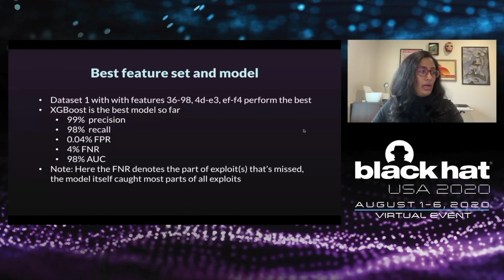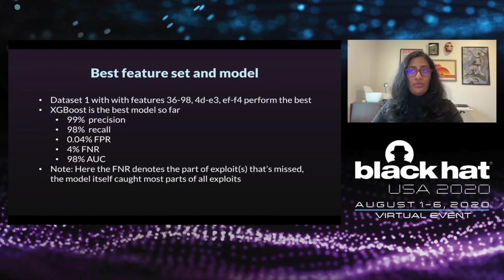Let's see the best model that we had so far, which is the XGBoost, using the three features that we saw. And the metrics here, you can see it has 99% precision, 98% recall, 0.04% false positive rate, 4% false negative rate, and 98% area under the curve.